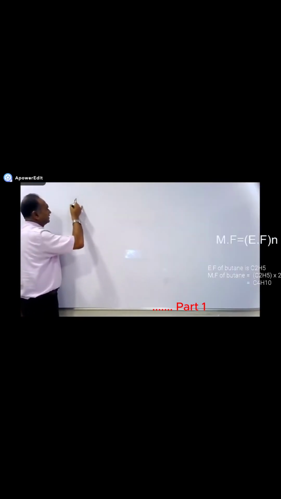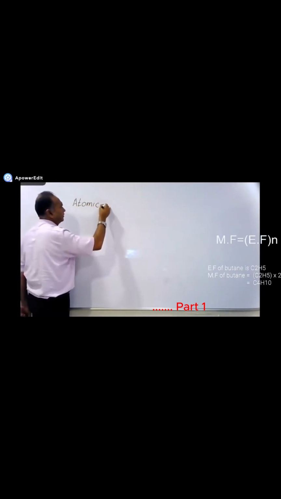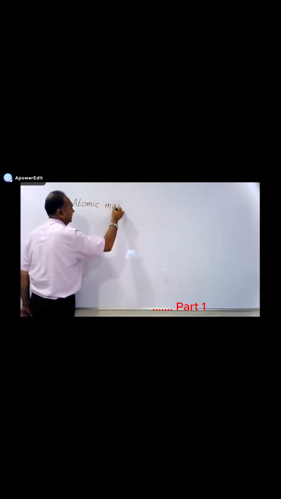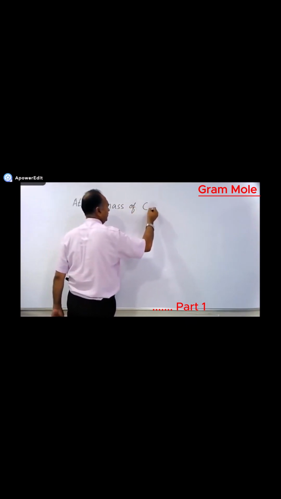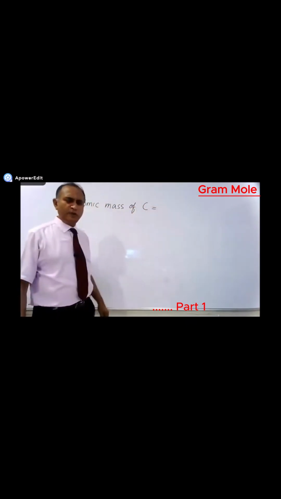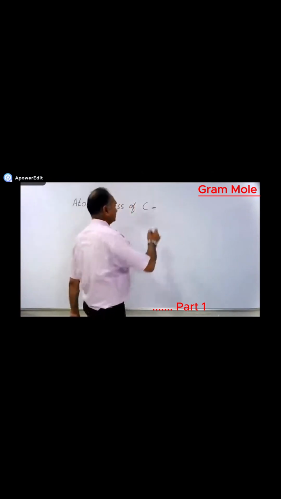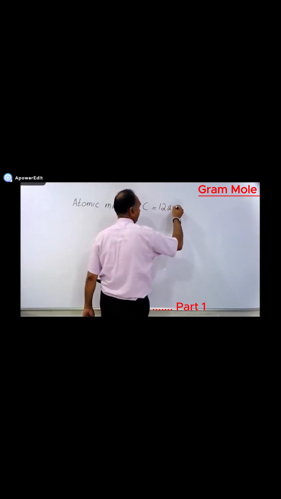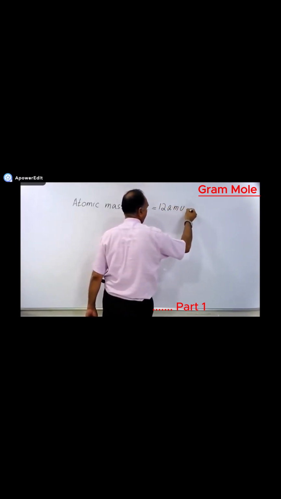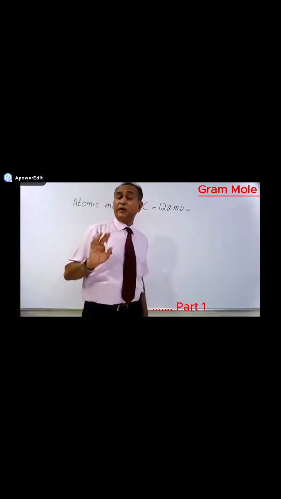It is the atomic mass of carbon. How many of you remember what is the atomic mass of carbon? 12. And I told you, what is the unit of atomic mass?